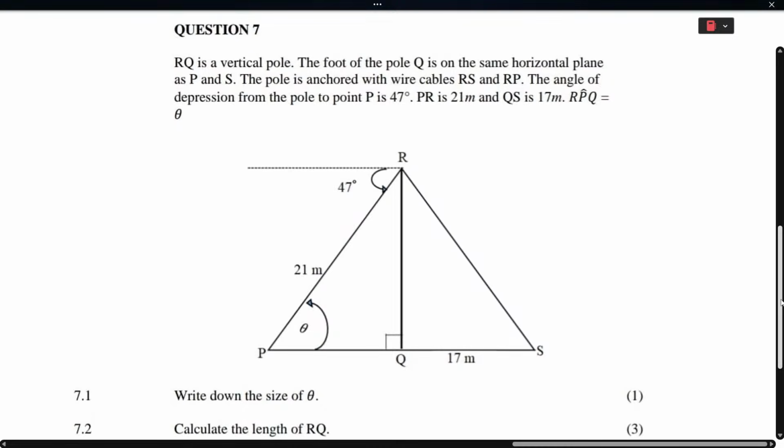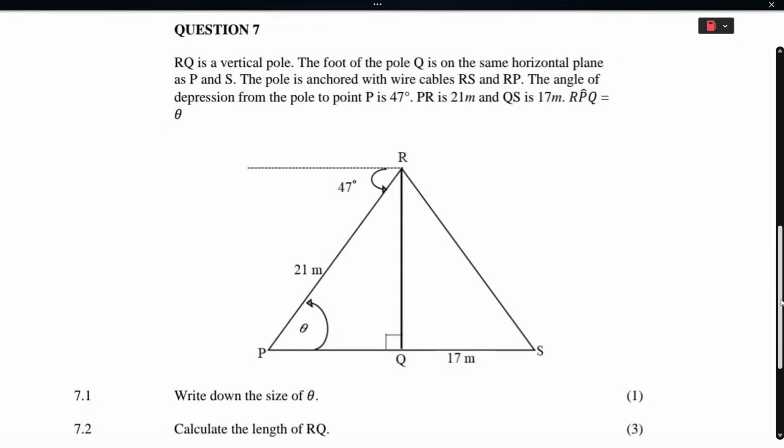Okay, let's start with this one. This is question 7. Try to make them big so that you can be able to see them. Try quickly to do this one.